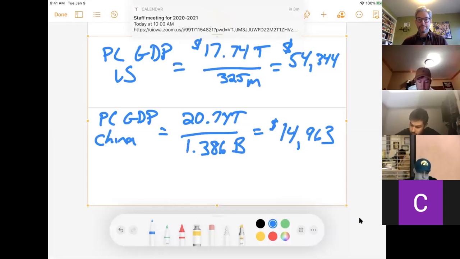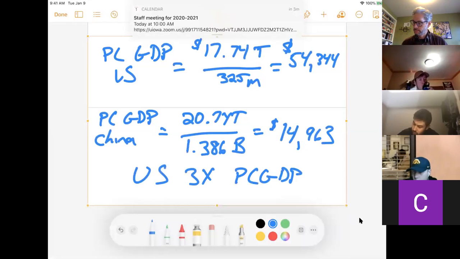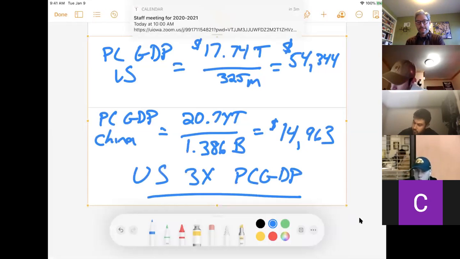So their per capita GDP is about 14,963. So what can we say in the end? That the US has about 3 times the per capita GDP of China.